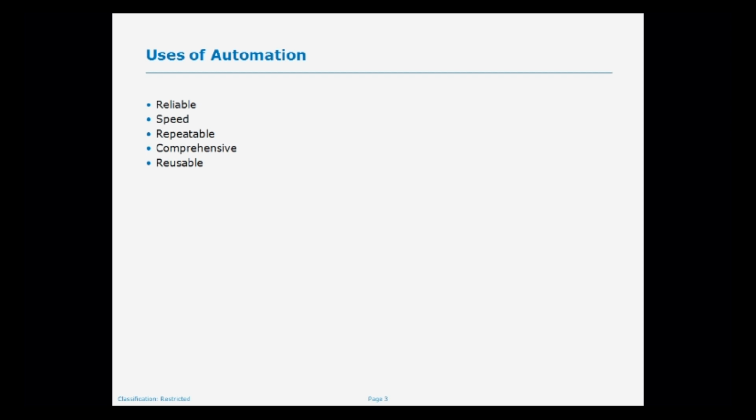So when we talk about speed, here I have a small doubt. Manual testing we are going to execute, right? When it comes to automation, we are asking the tool to execute the test script, right?